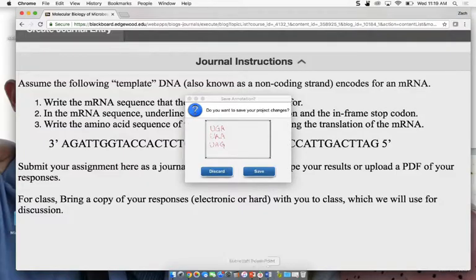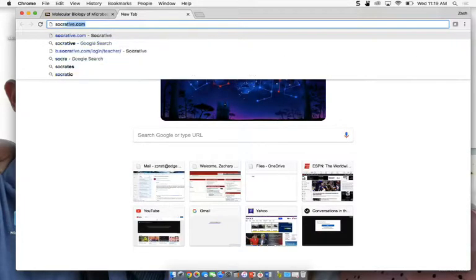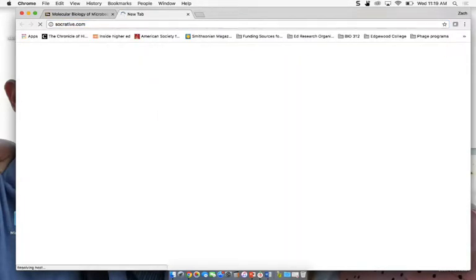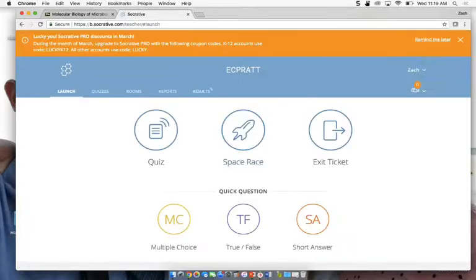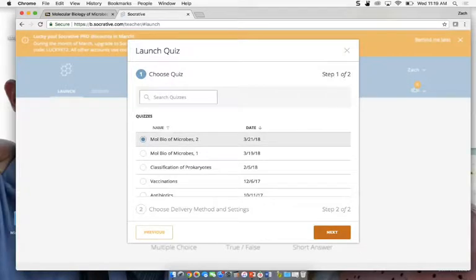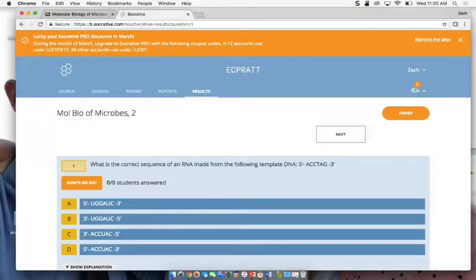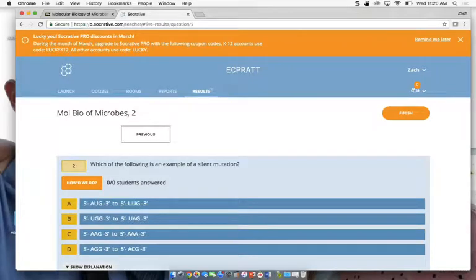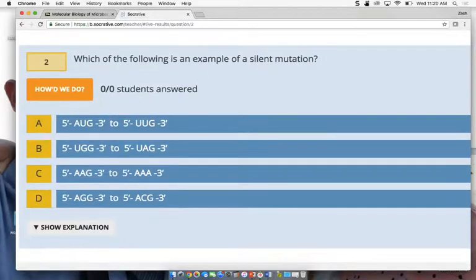Another multiple choice question. Using your codon codes, which of the following is an example of a silent mutation?